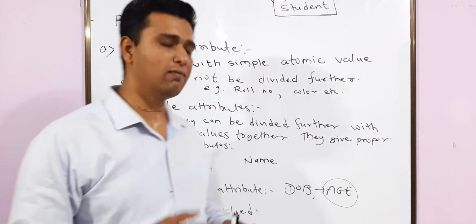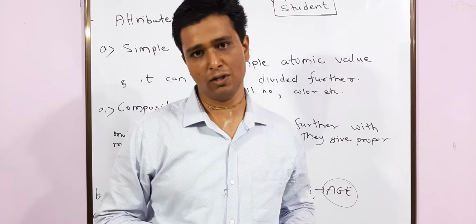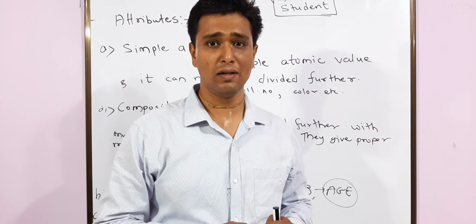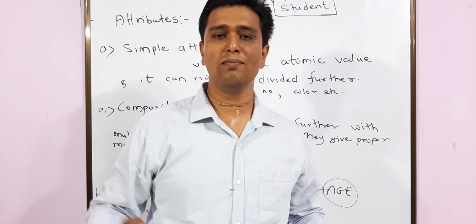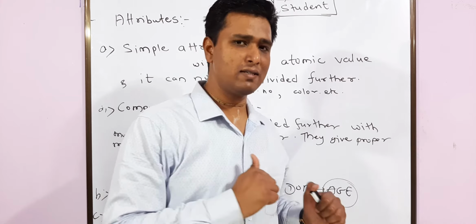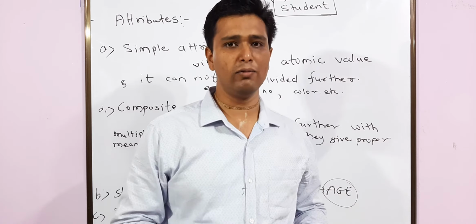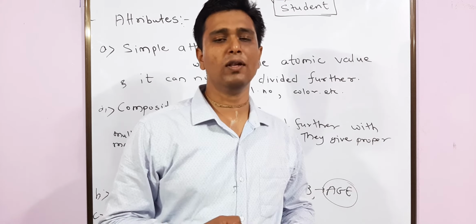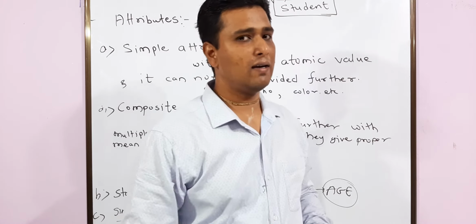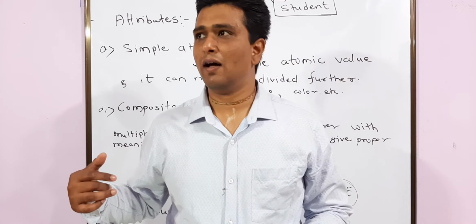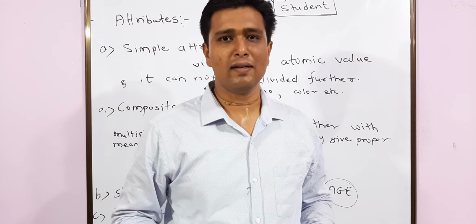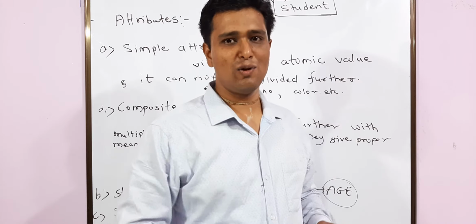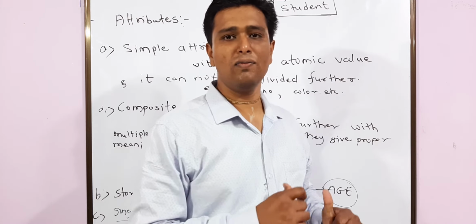Those are not multi-valued, they are single valued attributes. But for email ID and address, one person may have multiple addresses, so address is again a multi-valued attribute. For a database designer, multi-valued attributes are a challenge because they are the most difficult. That is why, when you fill a form, you have the option of permanent address and temporary address, and many times we get confused about which address to enter. That is the issue with multi-valued attributes.